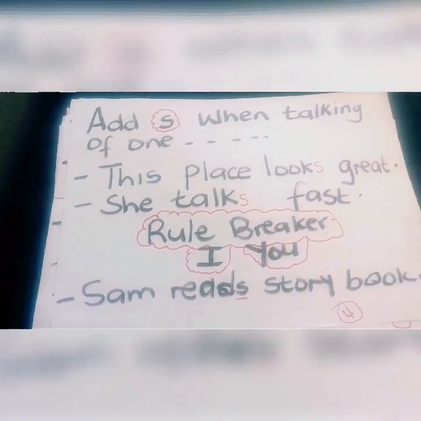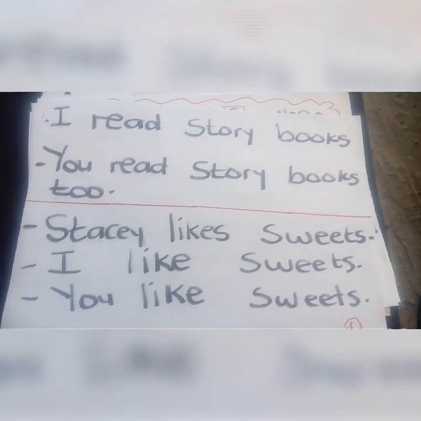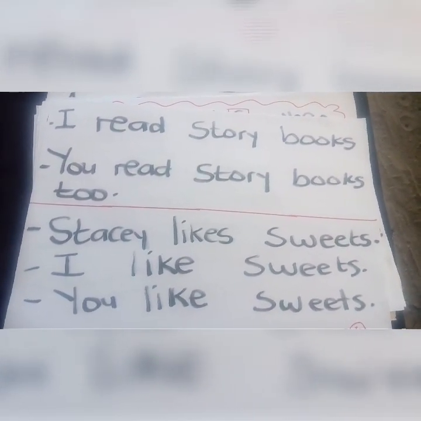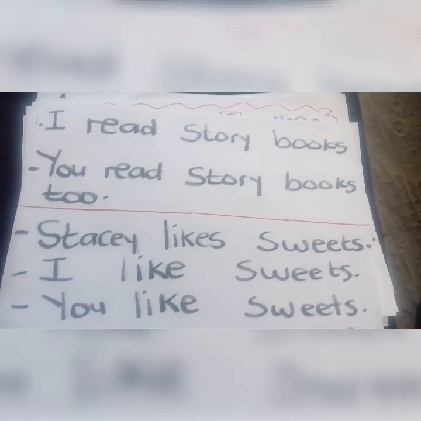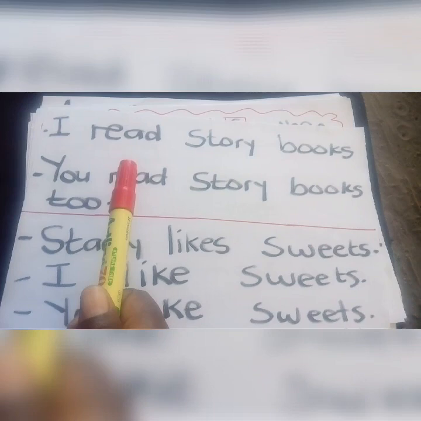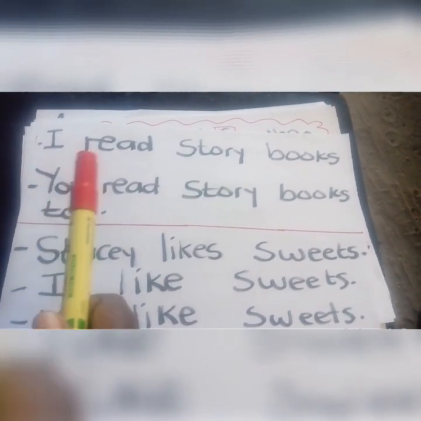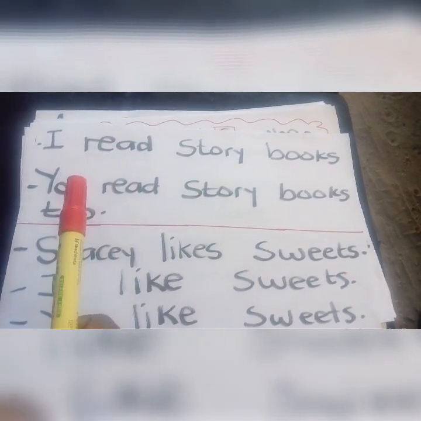But now, although I and you are singular, you cannot add s to the verb. So they are rule breakers. You cannot say I reads the storybooks. No. You have to say I read storybooks.